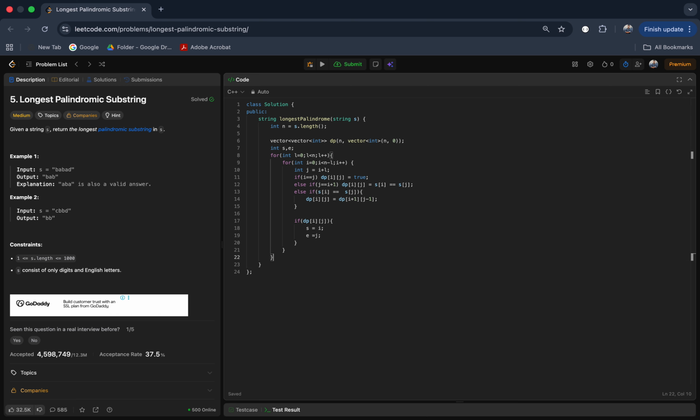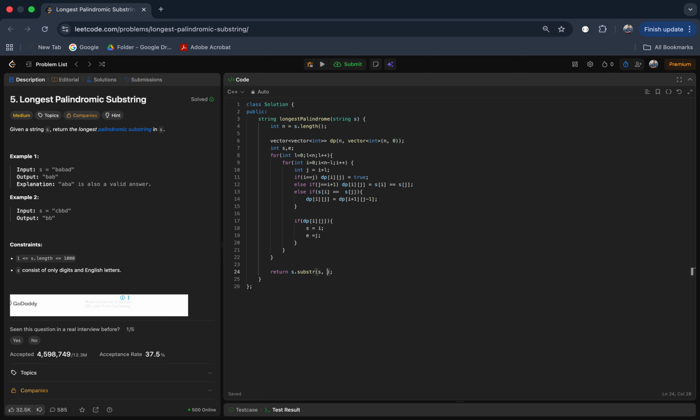And at the end we need to return a substring of this. So substr, we need to pass the starting index and the length. I think here we need to pass the length. substr takes the starting index and the total length.